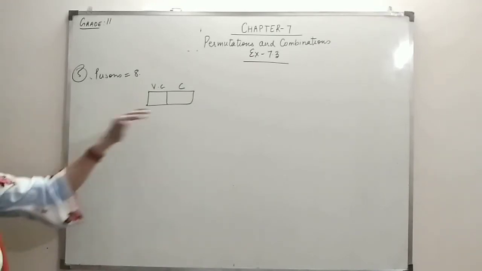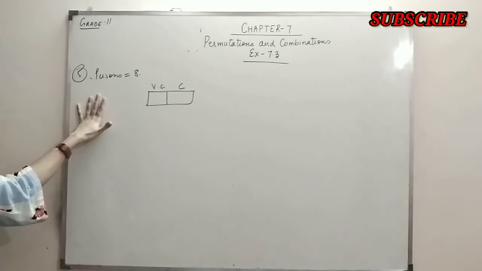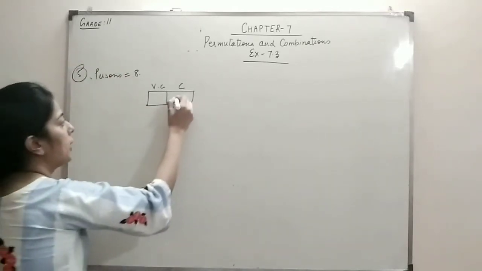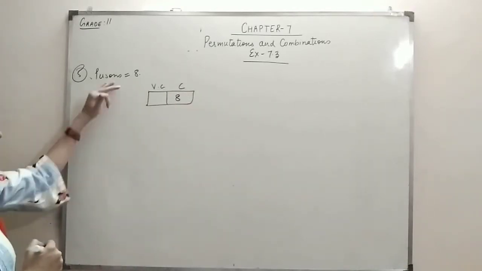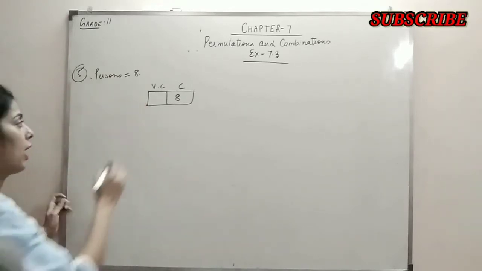So when we select the chairman, out of 8 persons the chairman can be chosen in 8 ways. After that, we are left with 7 persons, and for the vice chairman post we have 7 options.